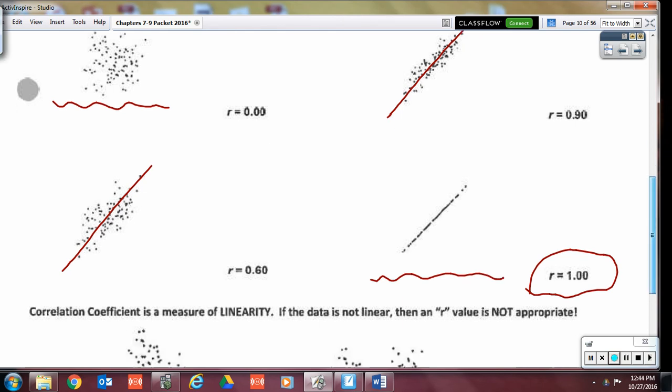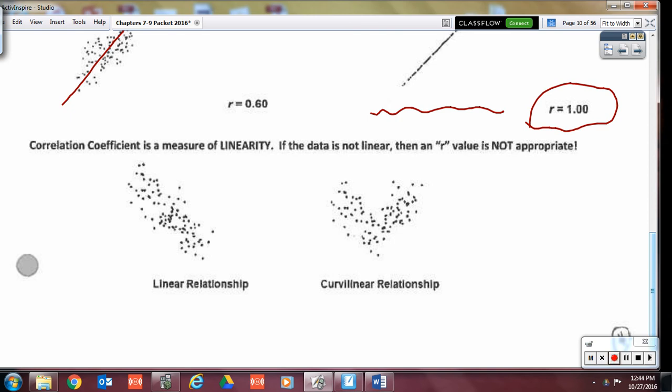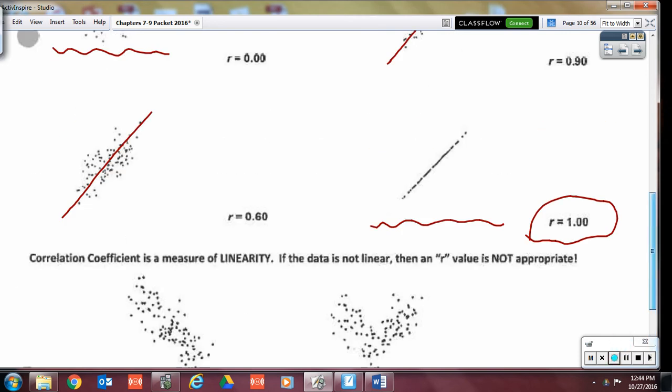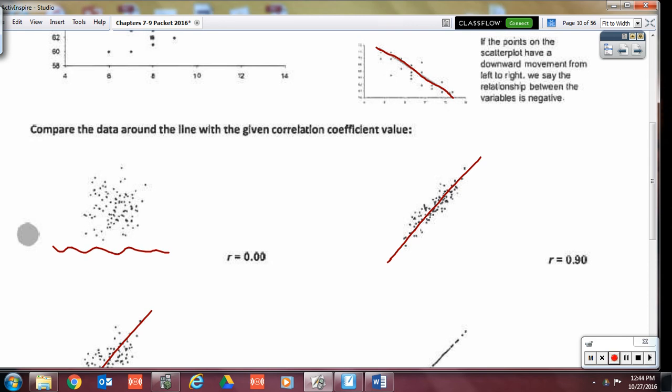All right. I wanted to point out that it is a measure of linearity. So if you have something that's, say, quadratic shaped, it is not appropriate to describe it with a strength of R. Furthermore, I have seen AP questions that ask, if R is 0, does that mean that there is no relationship?